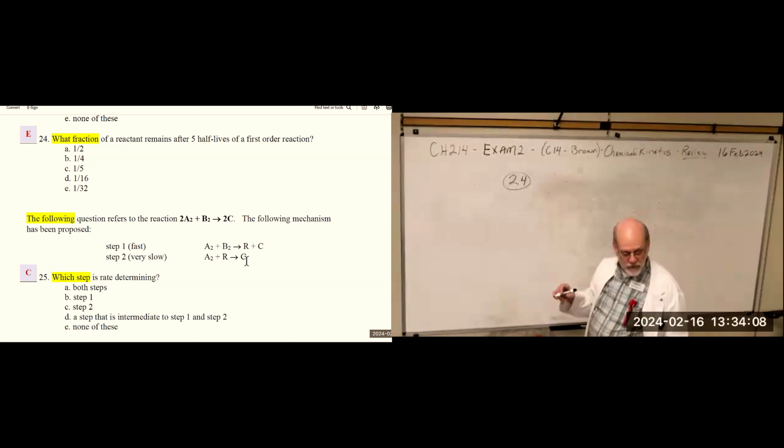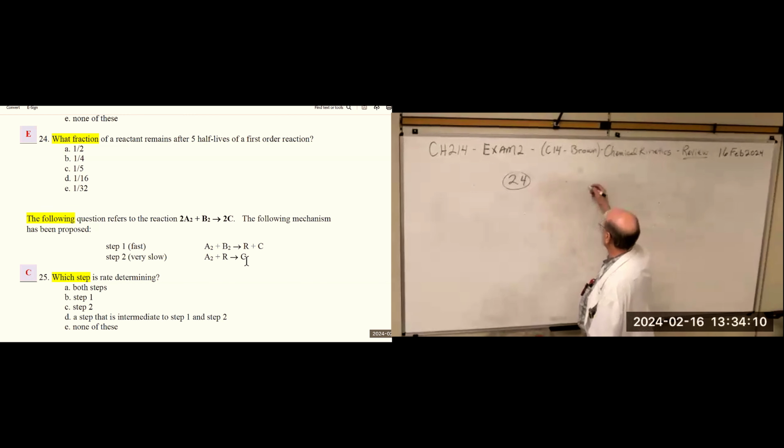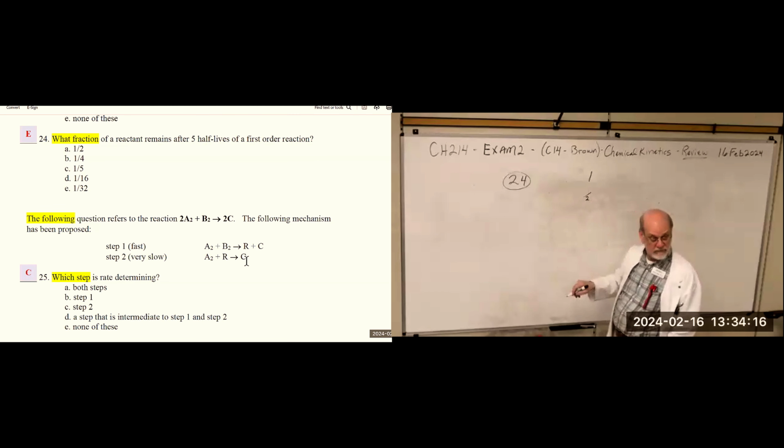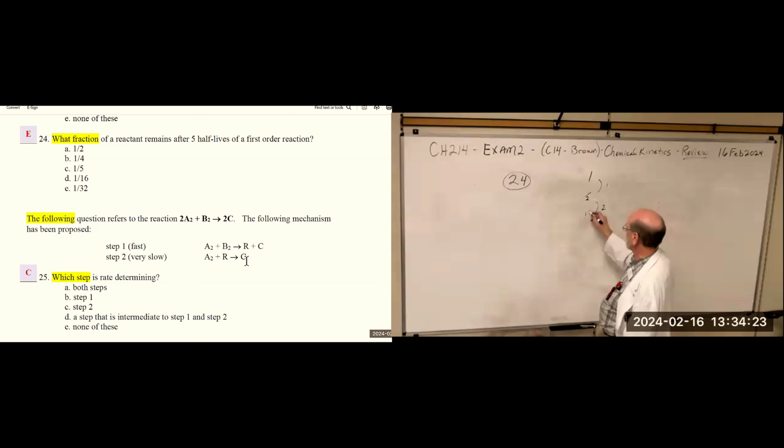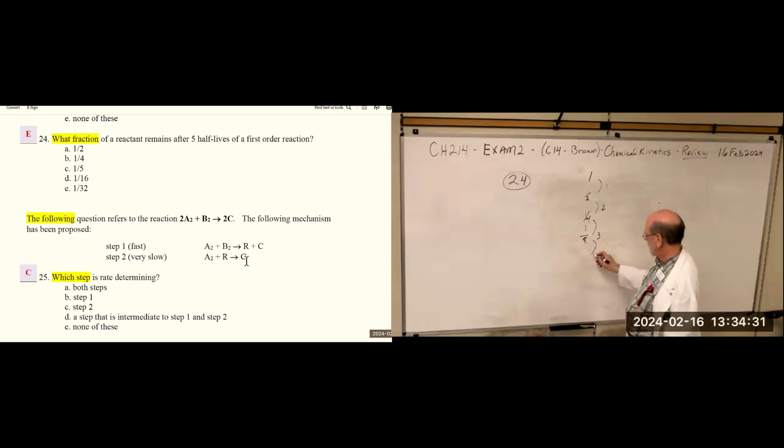If you start off with, say, 1, after one half-life what you got left is a half. The second half-life, you got a quarter of the original. The third half-life, you got an eighth. The fourth half-life, a 16th.